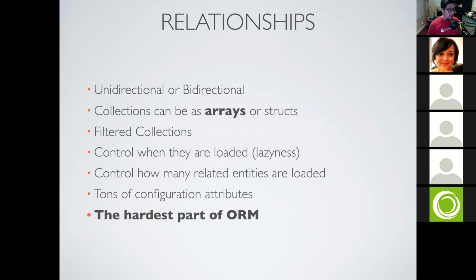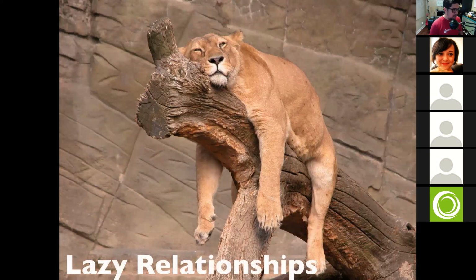You can control when they are loaded, which is really, really important. You can even control how many are loaded at a certain time. Another point for the haters there. And there really is a ton of configuration attributes for dealing with relationships. In my opinion, that is the hardest part of ORM, dealing with relationships. So I'll leave you with a few pointers that I've learned through working with Hibernate. And it's basically focusing on relationships.